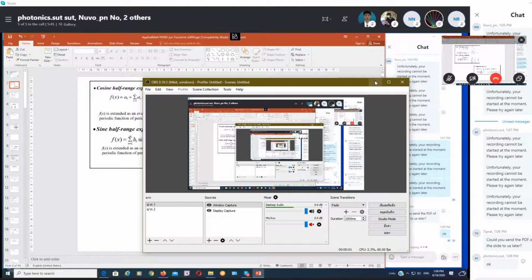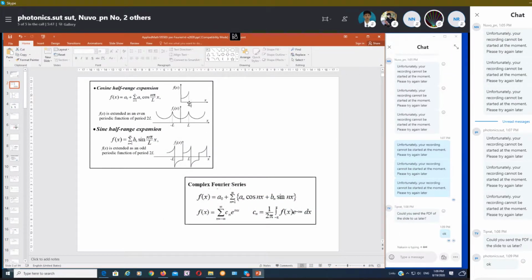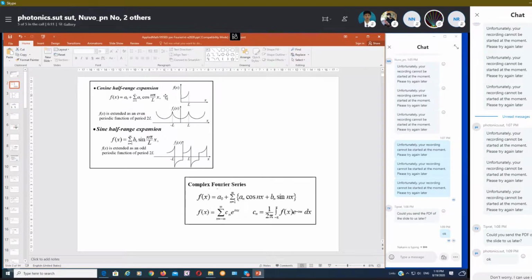Function f of x only exists from 0 until L. It is not periodic. So in this case, you can expand the function to be an even function, so that the new function f1 of x is an even function.